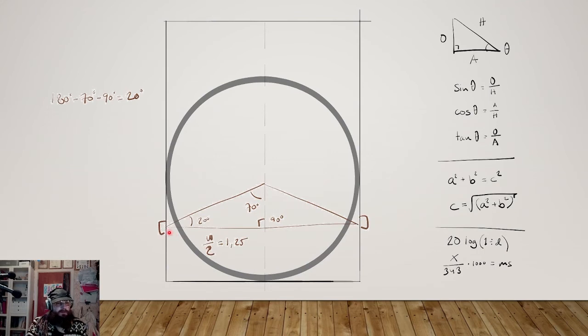Now, for the side surrounds, we're still operating with the same angles. So in the previous example, we calculated that we had a 70 degree angle here, which was 180 minus 110. 180 then minus 90 minus 70 was 20 degrees. We've already done the math, so I'm just skipping through.